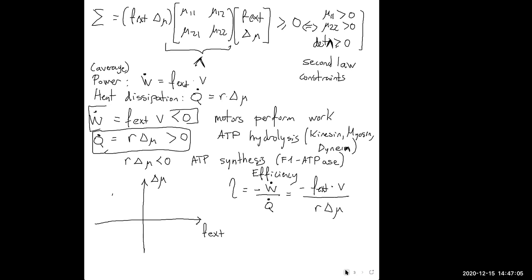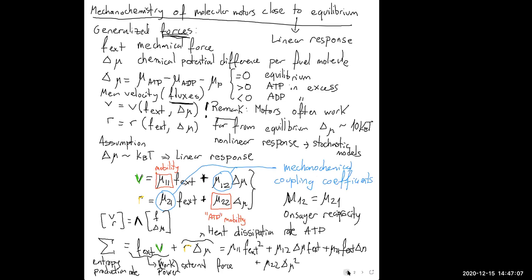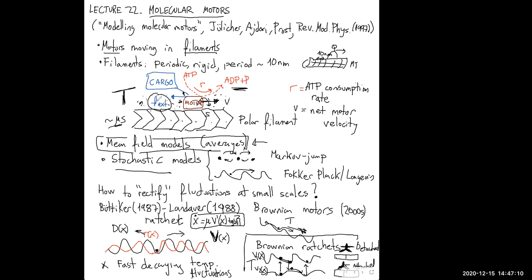If we look at the figure we drew here, in this case the force is negative. So there is a cargo in the backpack of the motor. The force is pushing it backward, but still the motor is moving forward. This is what negative work means in this context. So there is a load, but the motor can work against the load.